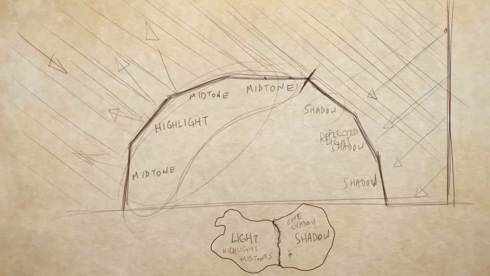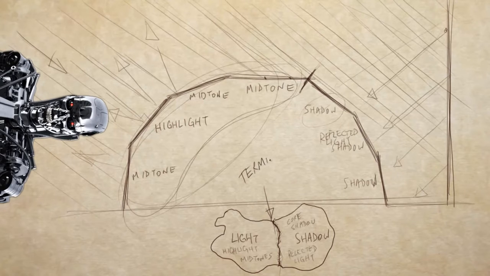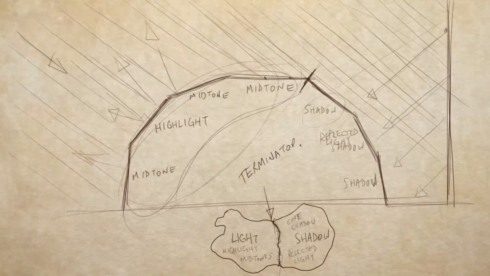And then you have reflected light. So even though it's called reflected light, it's still in the shadow family. It's on the shadow side. And this border that separates the two, this one right here, is called the Terminator. And it's very important because it separates the two, the light and the shadow countries.